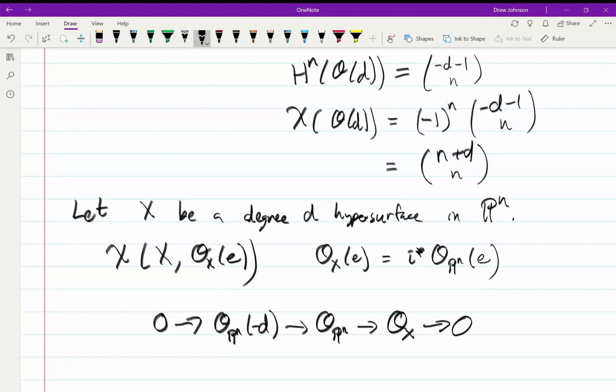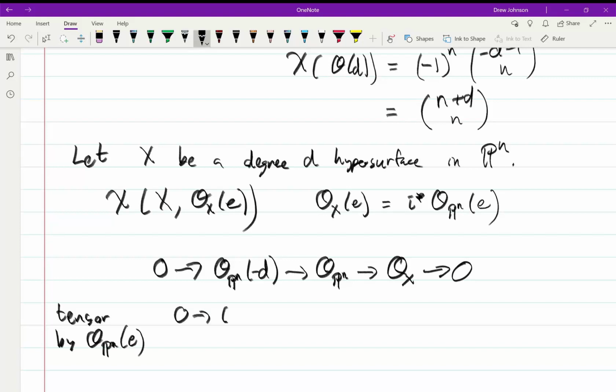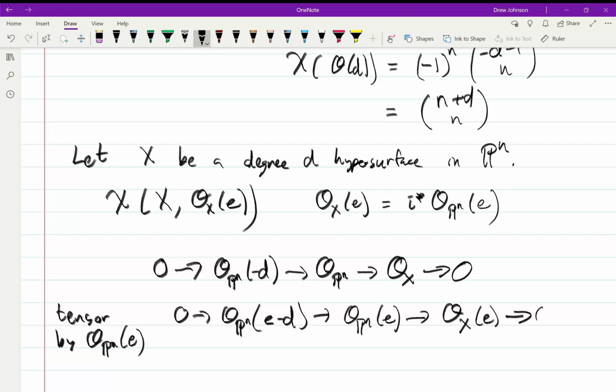All right, so this is sort of the standard exact sequence for X, and now what we're going to do is tensor it by O(e), and we'll get O_{P^n}(e-d) into O_{P^n}(e), and then here we'll get exactly O_X(e).